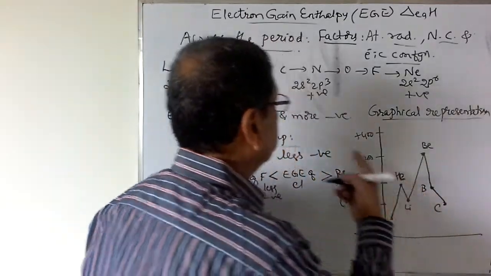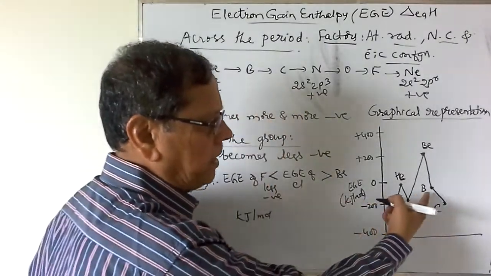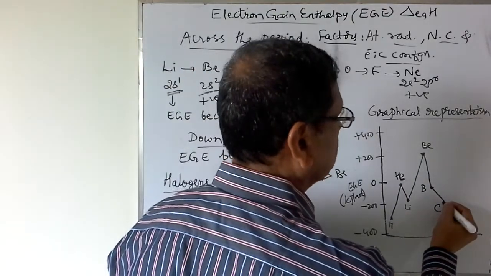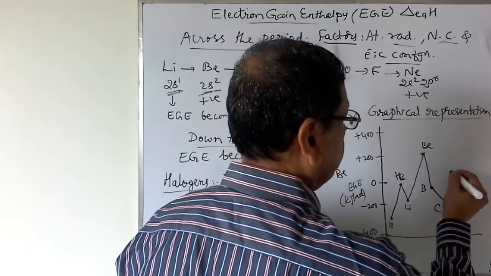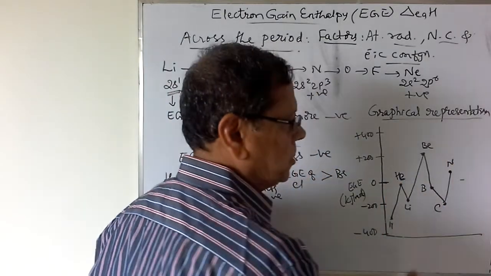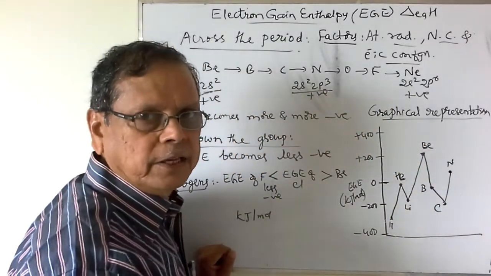Boron has 2s2, 2p1. There are some vacant p orbitals available, that's why the electron gain enthalpy is negative. Again, when we move from carbon to nitrogen, it becomes positive. Just compare, this is 0. It becomes positive because nitrogen has the half-filled configuration.